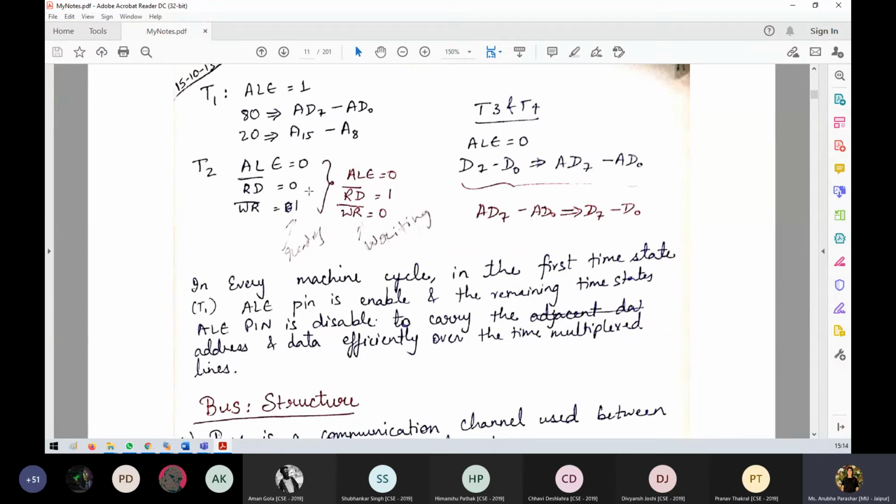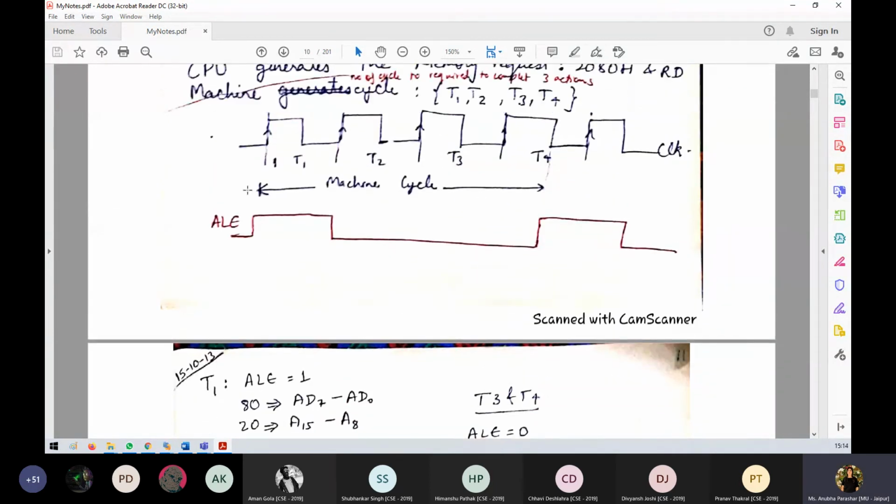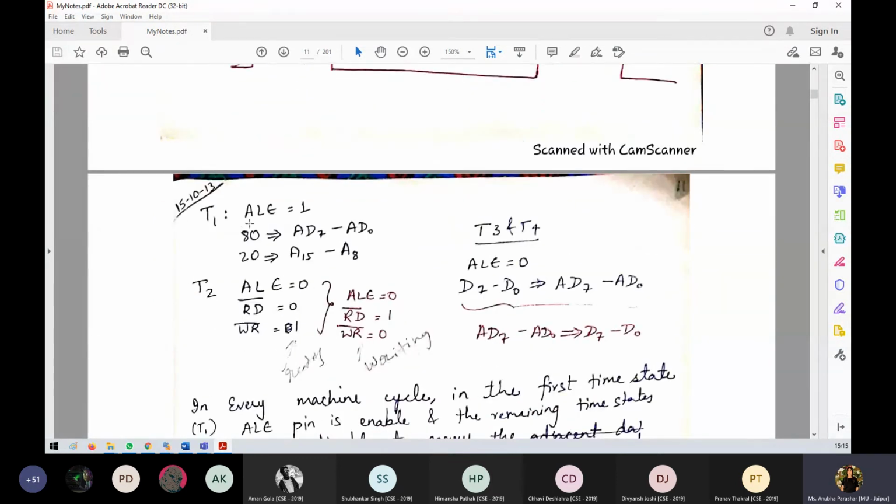When ALE is 0, it means we can read the operation. Read means the address bus will be enabled. It will take this address and try to fetch the data from this memory.